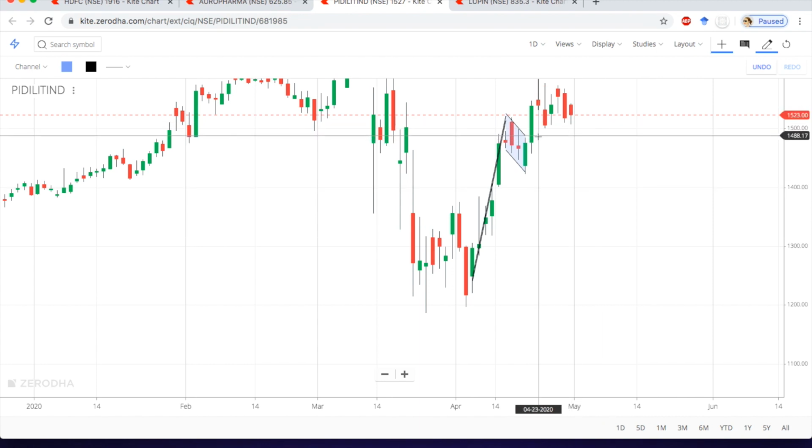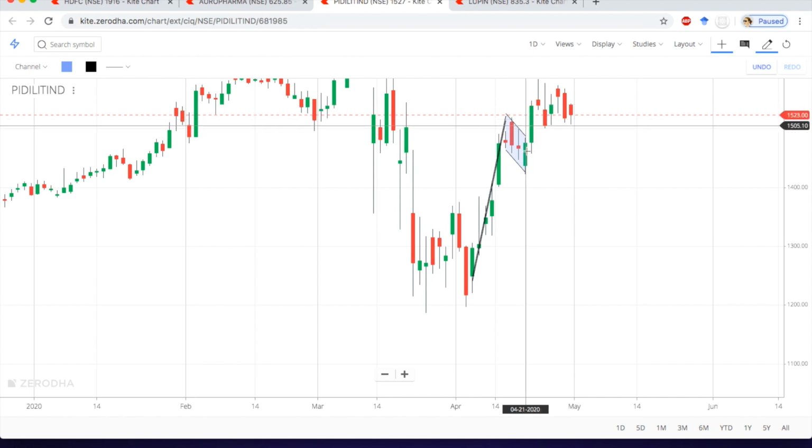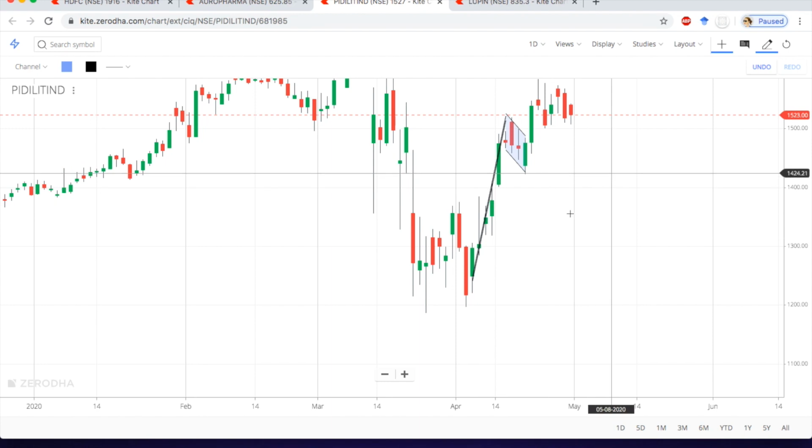If you want to do intraday, then you can take profit after the first candle of the breakout. According to your risk management, you can take the trade.